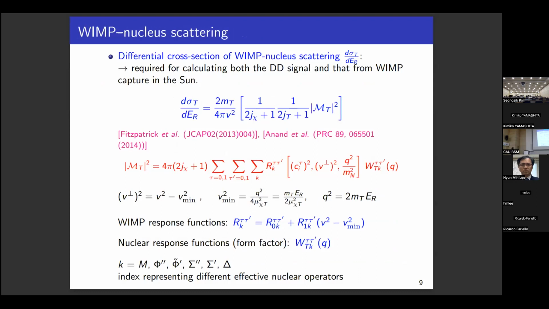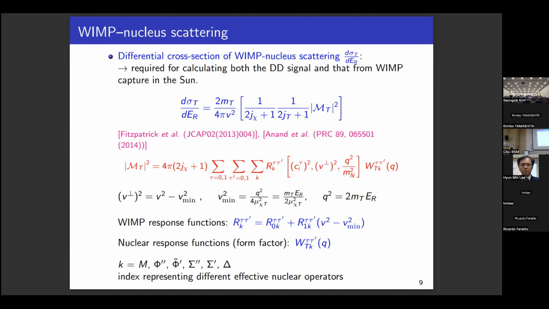Using this operator formalism, one can estimate the differential cross section of WIMP-nucleus scattering in this way, where m_T is the target nuclear mass, v is the incoming WIMP speed, and these are the WIMP and nuclear spin, and this is basically the scattering amplitude, which can be written in this format in terms of two functions. The function R is basically the WIMP response function, which is a function of coupling, incoming WIMP speed, and the momentum transfer.